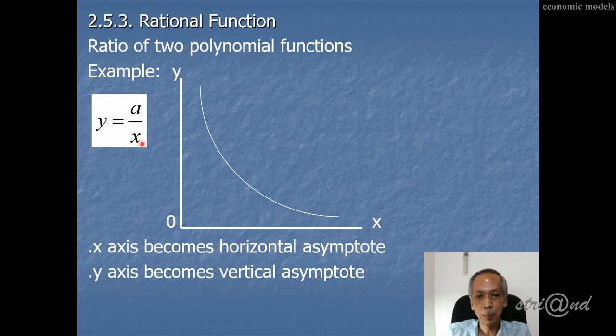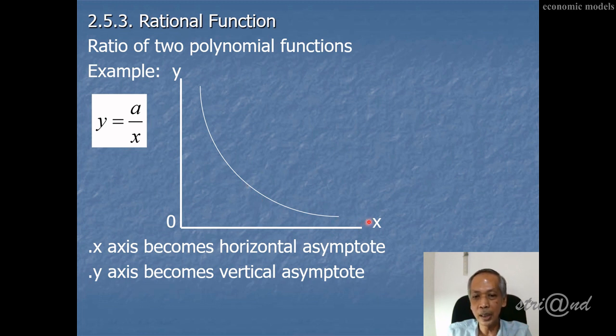And in this function of a over x, if the value of x increases, the y here, a over x, will decrease. If the x becomes very large, the y here will become very small. So the graph here will always be decreasing, and if the x here is very large, it will approach 0.